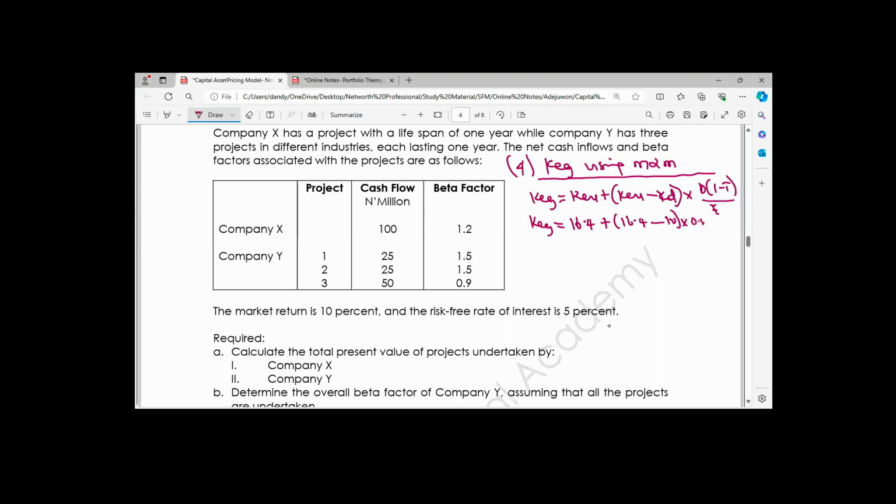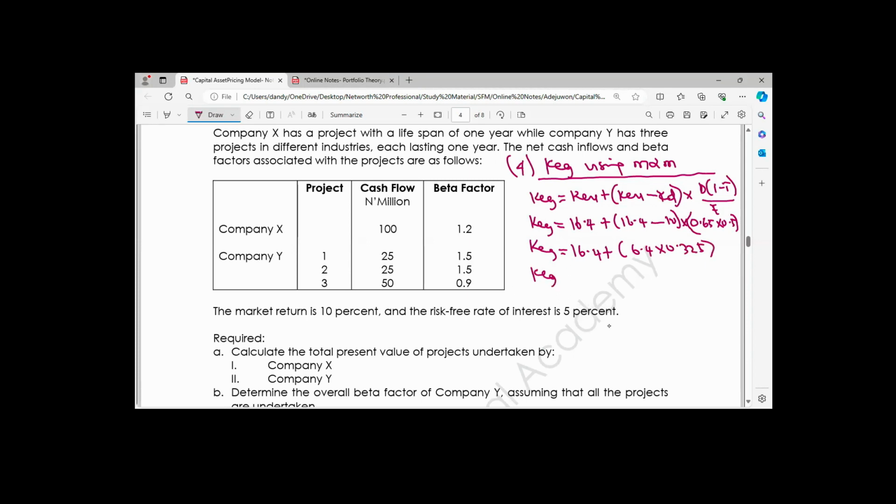So 16.4 plus the difference between 16.4 minus 10, which gives us 6.4, multiplied by 0.65 multiplied by 0.5, which equals 0.325.